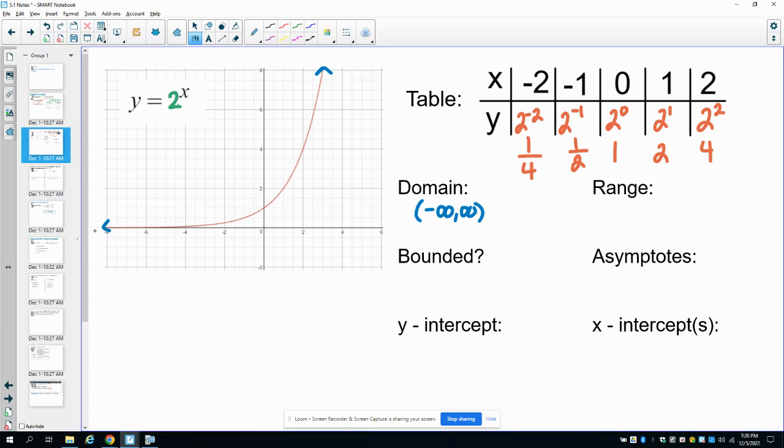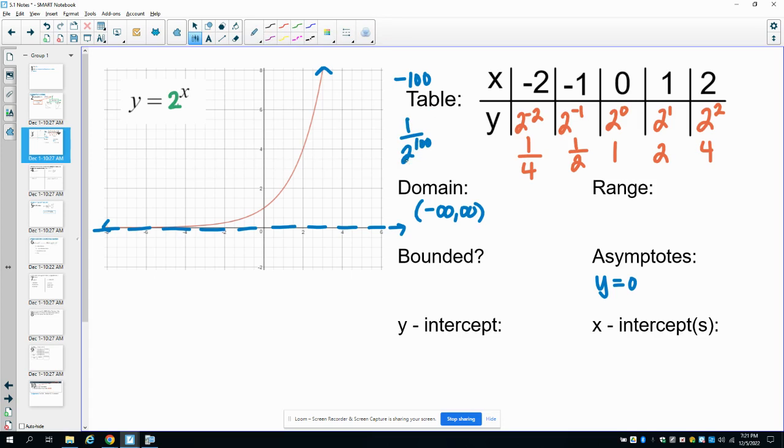And then our range, we actually have a lower boundary here. So we have this horizontal asymptote here of y equals 0. So our range cannot ever get to 0, because if we just keep putting in more and more negative numbers, like if we look at negative 100 plugging into this table, it would be 1 over 2 to the 100th. Okay, so it'd be 1 over 2 to the positive 100th, which is a huge number on the bottom there.